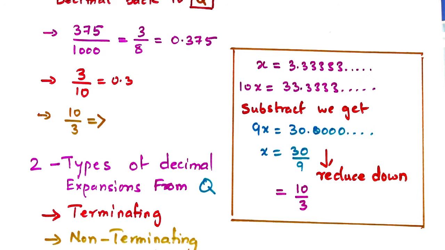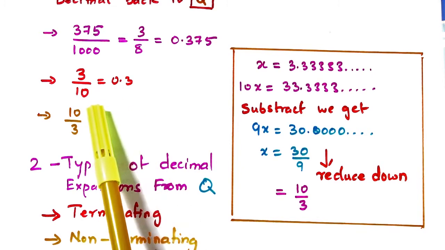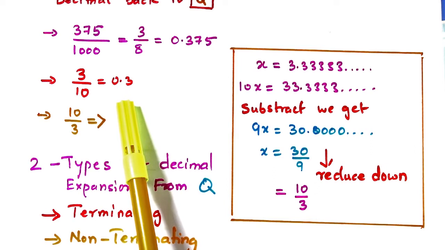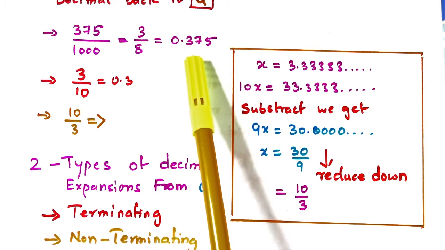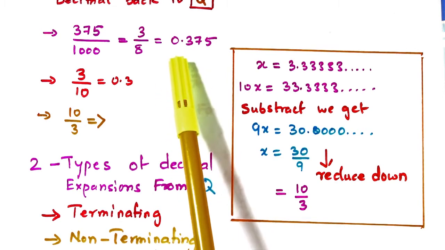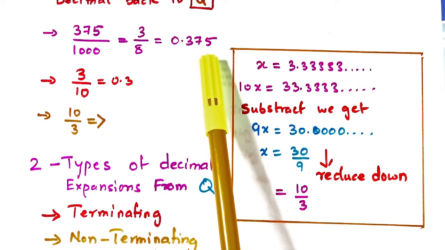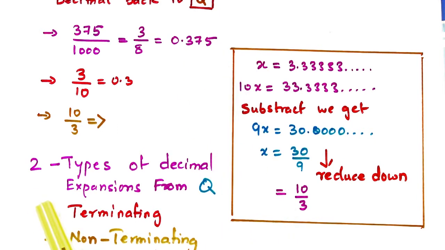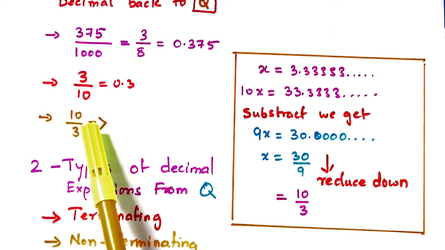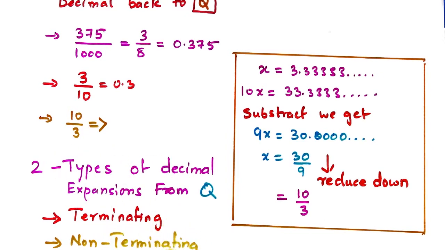That is, we've got terminating numbers. As you can see, the decimal expansion of 3 by 10 is equal to 0.3, and it is terminating. Here we also have 0.375. In this case, we also are getting a terminating decimal number, but what about the case where we have 10 by 3? You're getting a non-terminating recurring number.